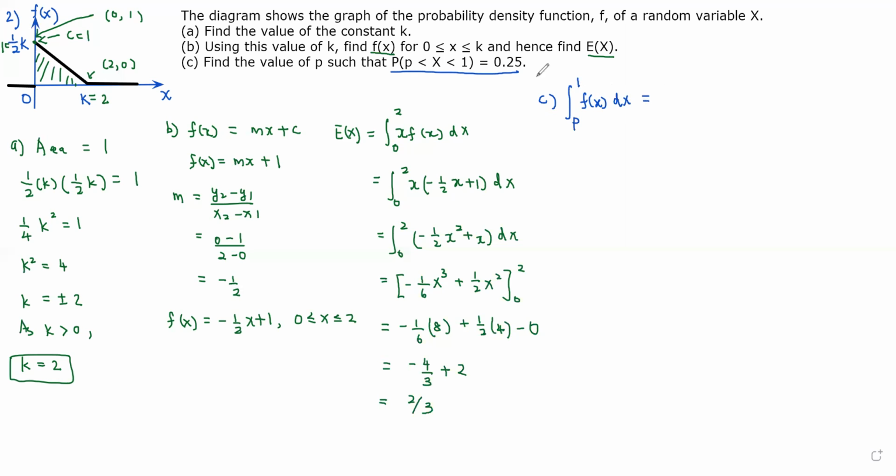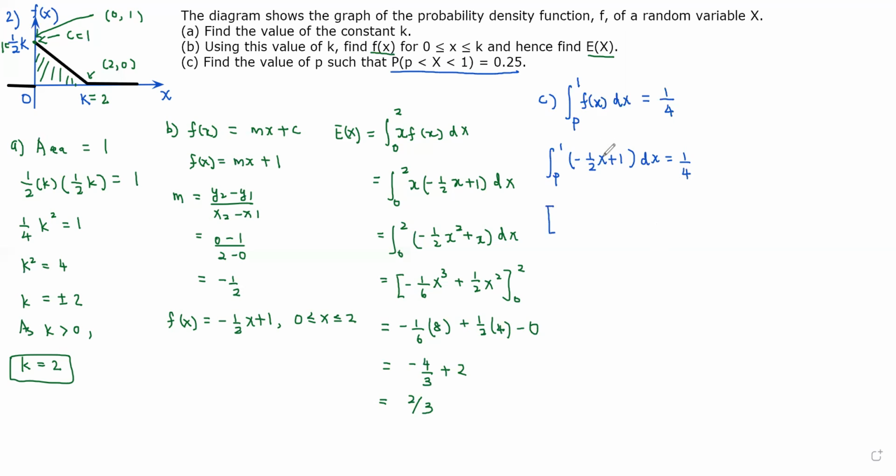That is 0.25, which is 1 over 4. Now we are integrating f(x). f(x) is negative 1 over 2 x plus 1. So we are integrating this with respect to x and setting that to 1 over 4.